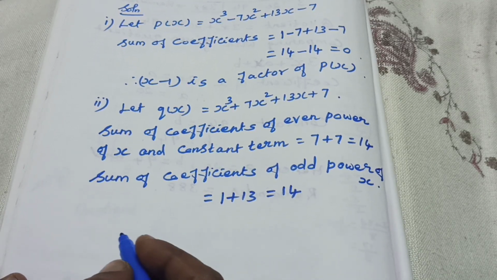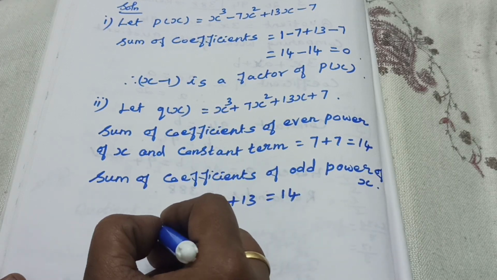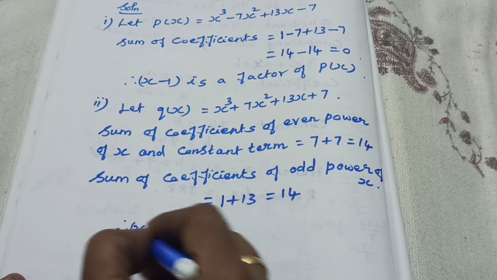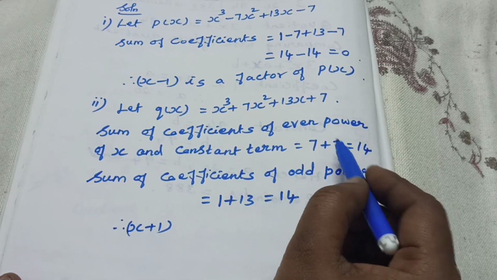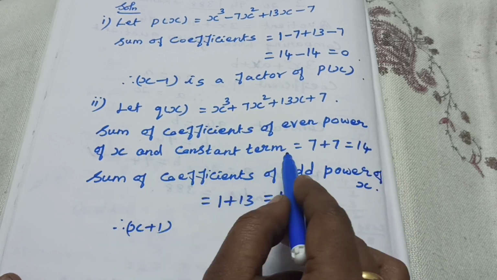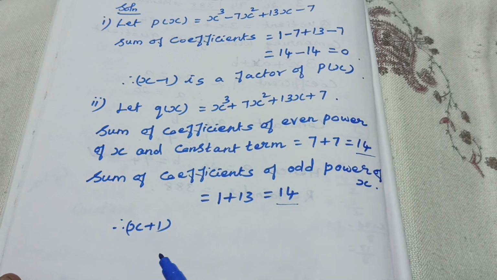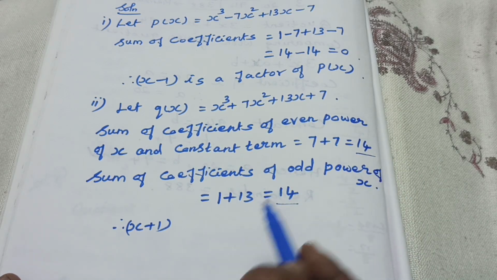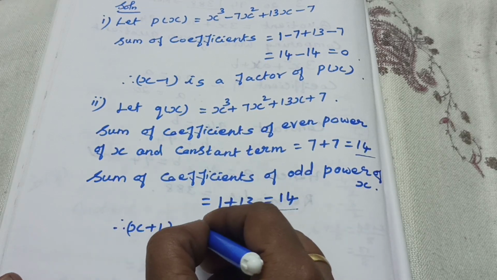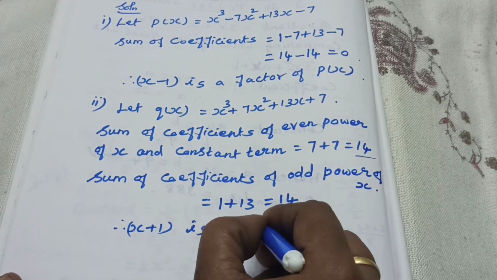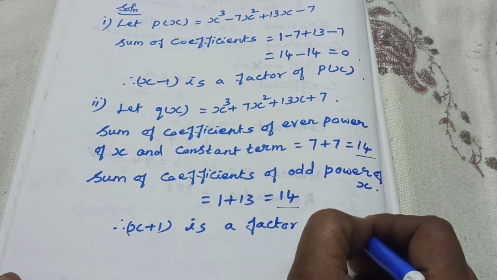Right? And then at once what can we write? Therefore, x plus 1 is a factor of q of x. How? The sum of the coefficients of even power and constant, and the sum of the coefficients of odd power, these two are equal. We got 14 here, here also 14. So at once we can write x plus 1 is the factor of q of x.